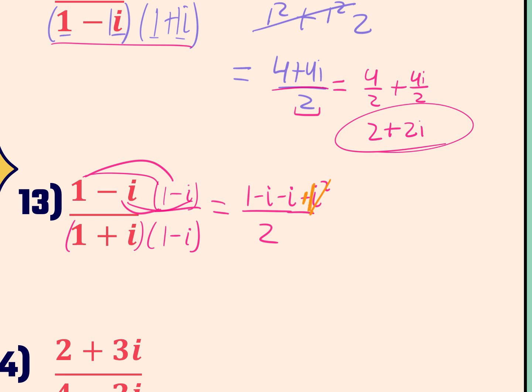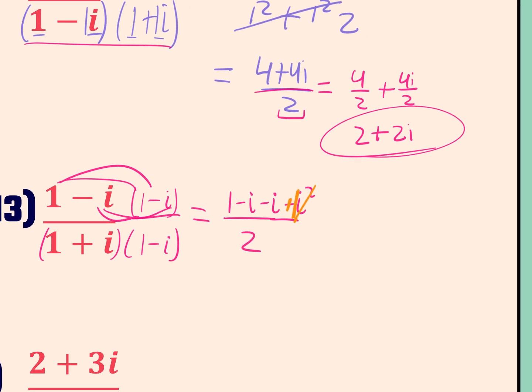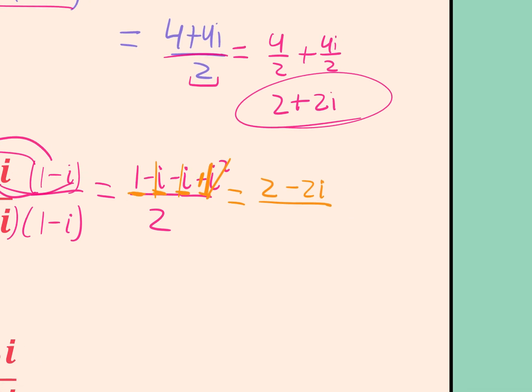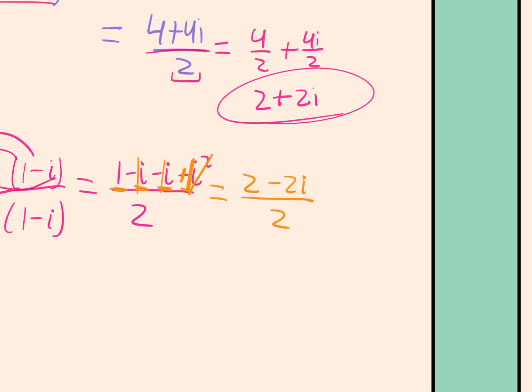If there's nothing in front of the i squared, it's a 1. So then we get, as our answer, the real plus the real on the top is going to be 1 plus 1, which is 2. The imaginary plus the imaginary is going to be negative i minus i. Keep in mind, it's negative 1i minus 1i. It becomes negative 2i. And then when you divide this by 2, this wouldn't be your final answer because you need to split it up.